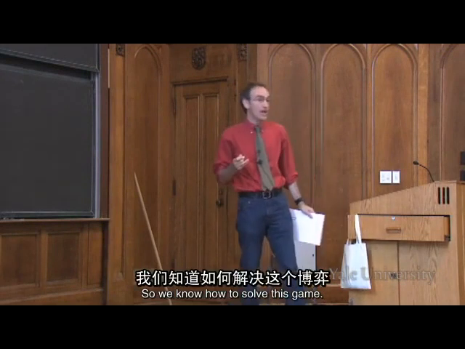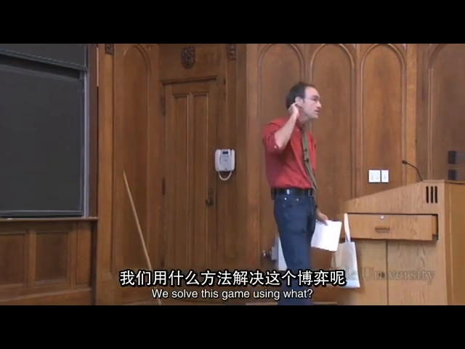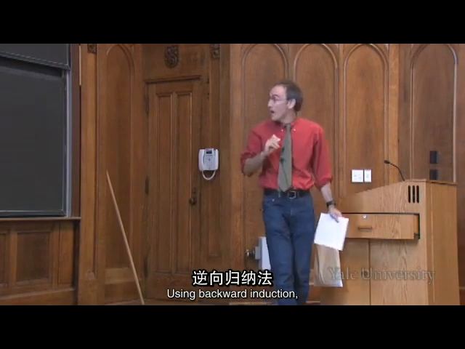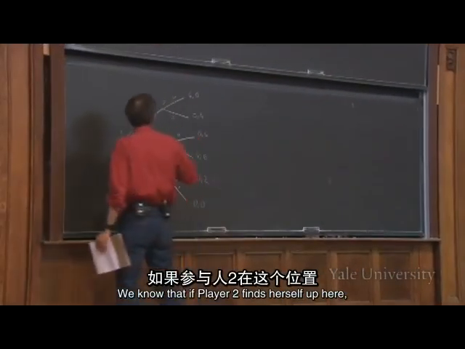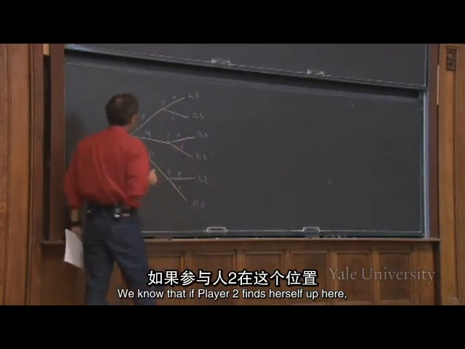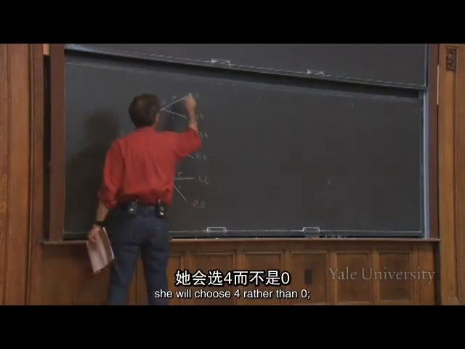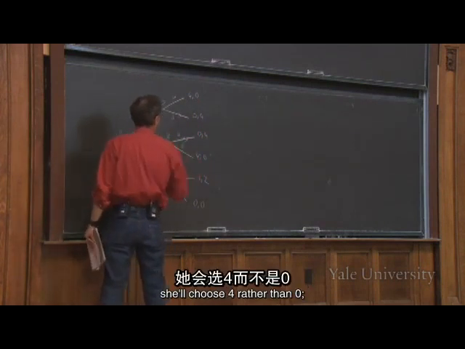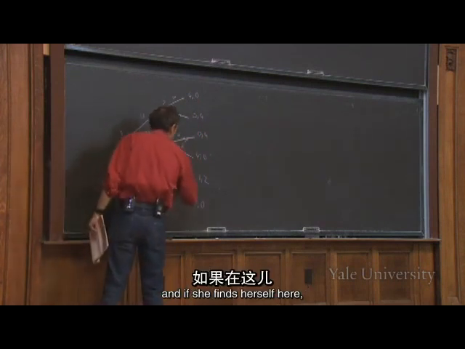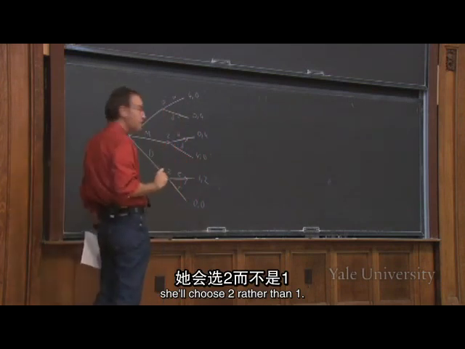So we know how to solve this game. We solve this game using backward induction, and that isn't so hard here. If player 2 finds herself up here, she will choose 4 rather than 0. If she finds herself here, she'll choose 4 rather than 0. And if she finds herself here, she'll choose 2 rather than 1.